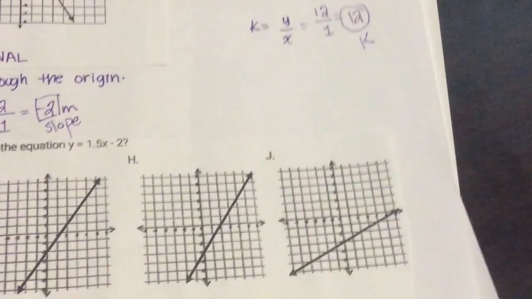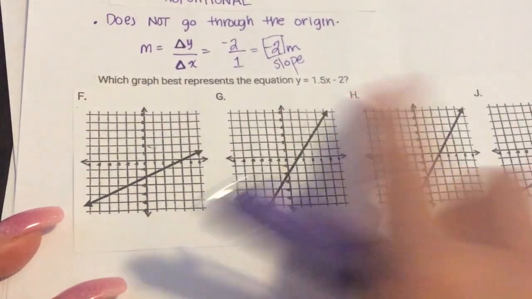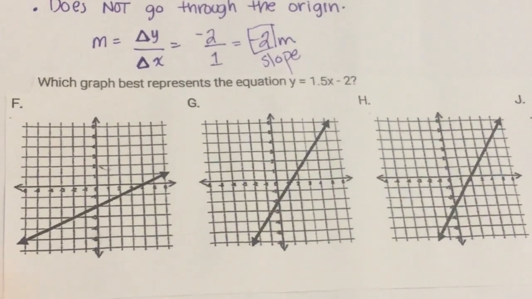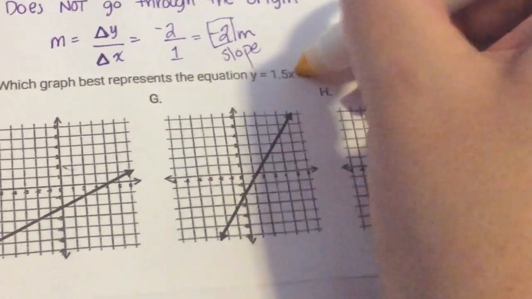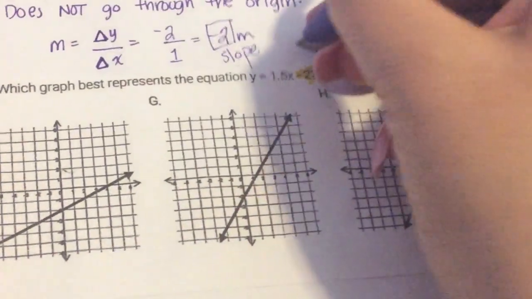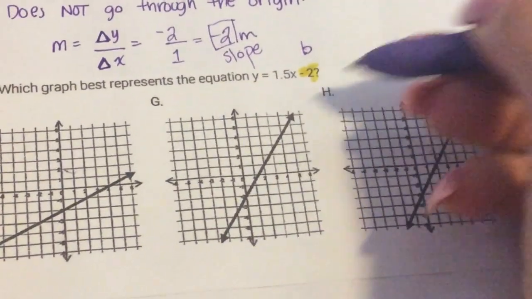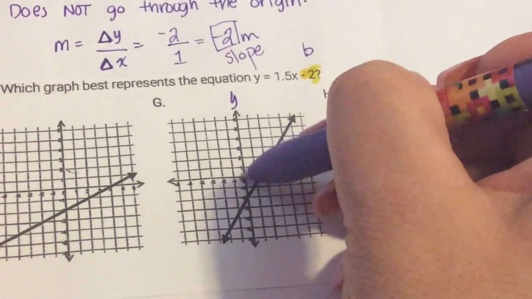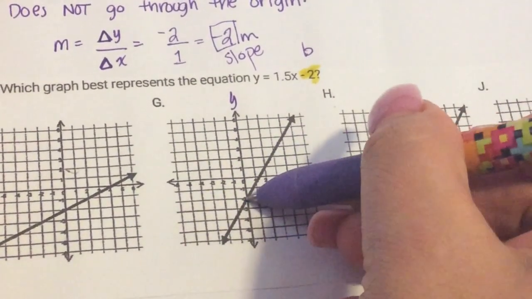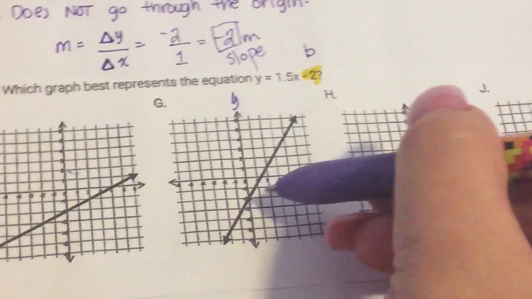For instance, here we have: which graph best represents the equation y equals 1.5x minus 2? If I want to identify, this is the b. So b is negative 2, meaning when I find the y-axis, I go down, and this one intersects on negative 2.